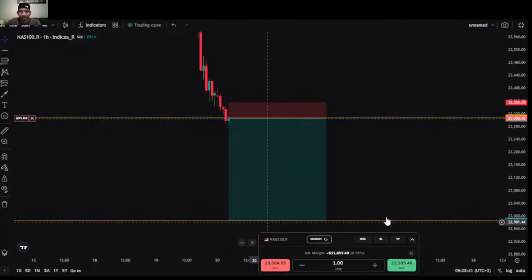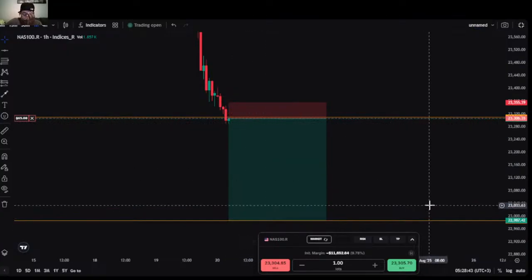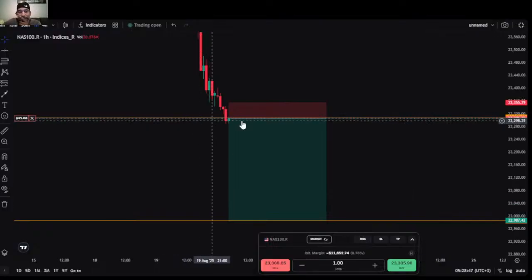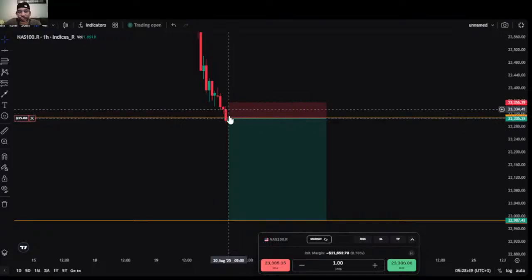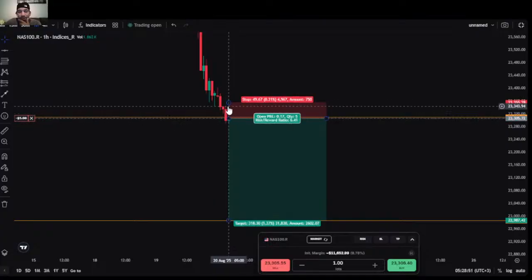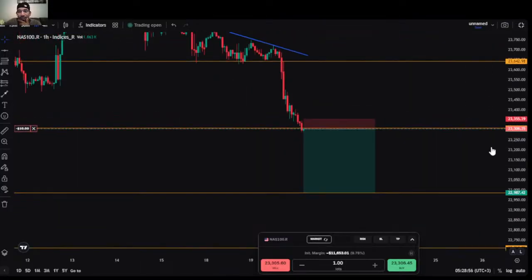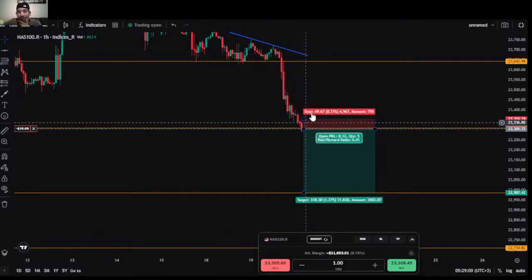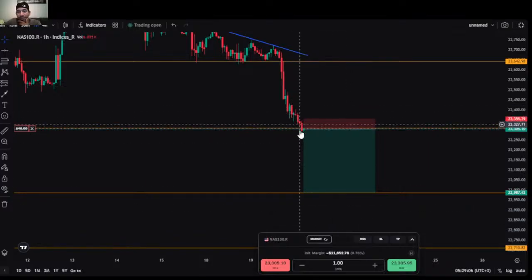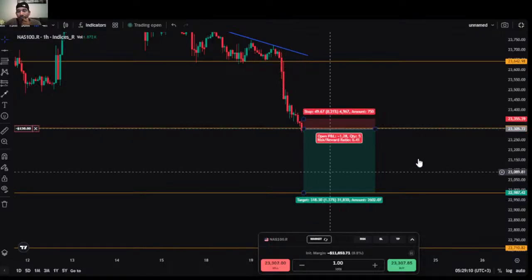This move is crazy. We get that move down. It's a small risk here. If it comes up and re-breaks the previous 1-hour highs, this thing might make a bigger correction, but I'm trading the breakout. Even though it cracked below here, it could still come up, make a bit of a correction, and then continue to move down. But I took this trade because the 4-hour and the 1-hour closed below support and broke.